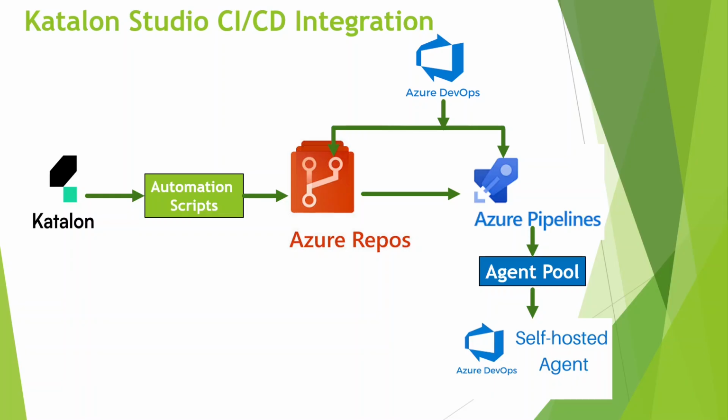We downloaded the agent, configured it, and ran it. Once the agent is up and running, we run the pipeline. Before you run the pipeline, you need to make sure that the Katalon runtime engine is installed to run Katalon test scripts from Azure pipelines. So that is the overview.